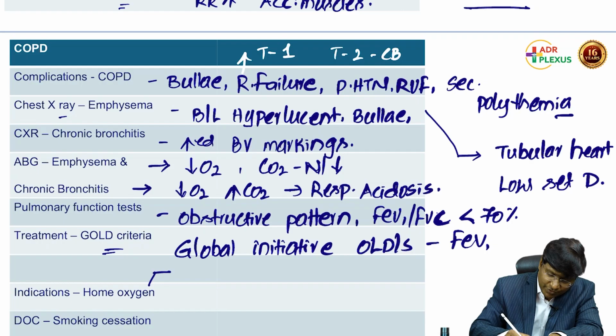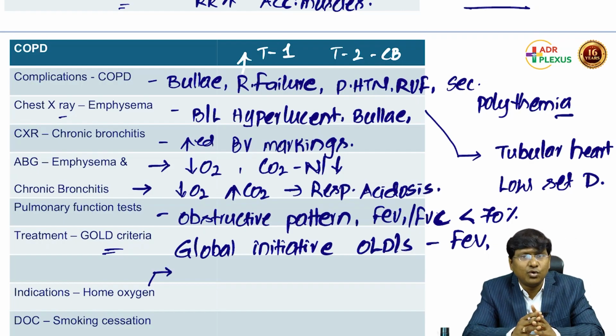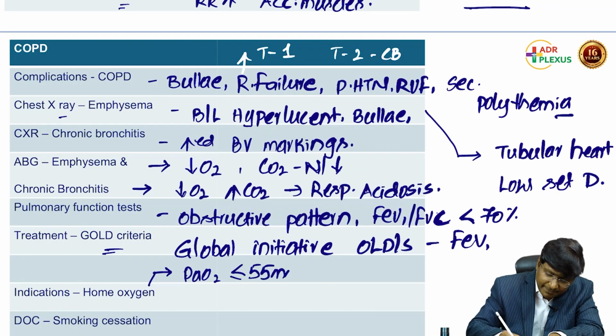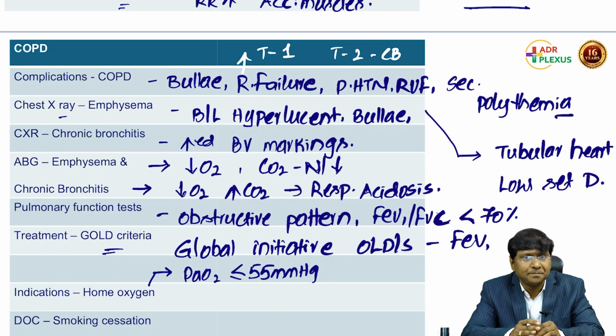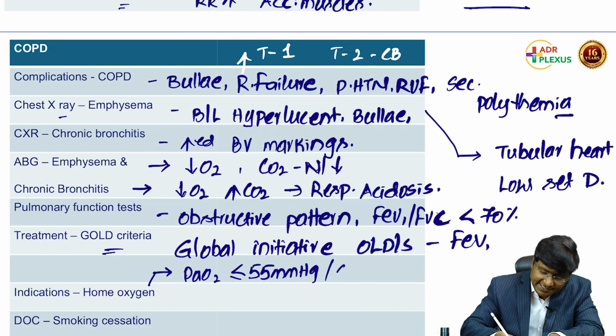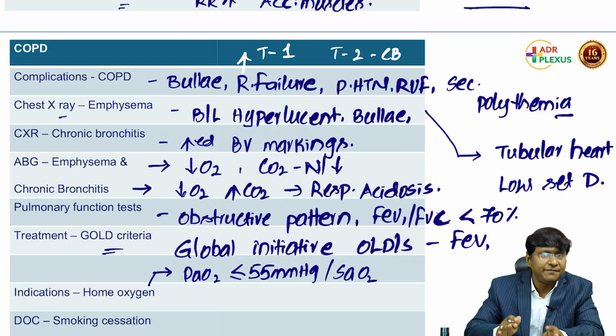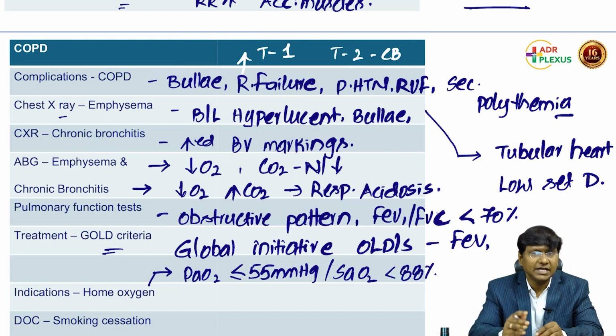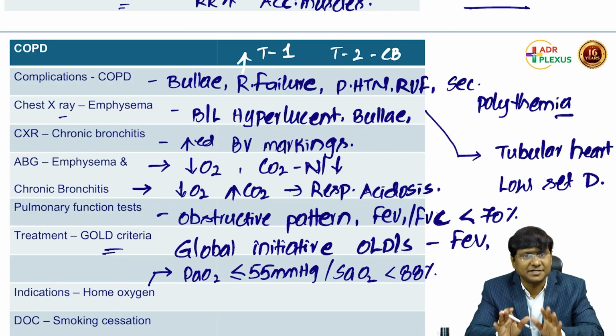And at the same time, you need to know the indications for home oxygen in patients with COPD. See, there are group 1 and group 2 indications, but let me mainly discuss the group 1 indications. Group 1 indications are when the partial pressure of oxygen is less than or equal to 55 millimeters of mercury, or if the saturation of the individual is less than 88%.